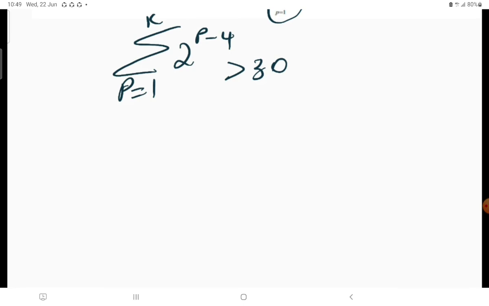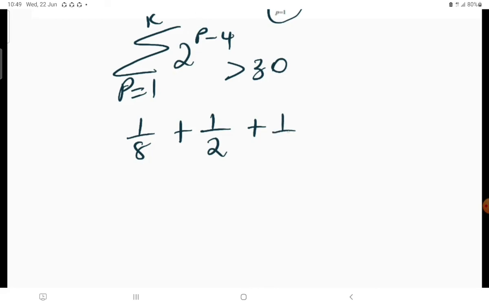In the place of p we just put 1, so we will be having negative 3 there, which is just 1 over 8. Then therefore plus, when you put 2 here, you'll be having a negative 2, which is just 1 over 2. Then when you put 3 here, you'll just have 2 to the power of negative 1.